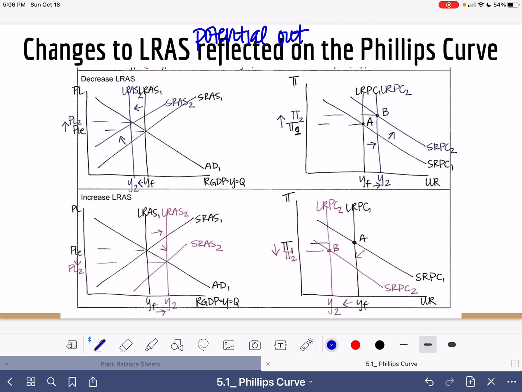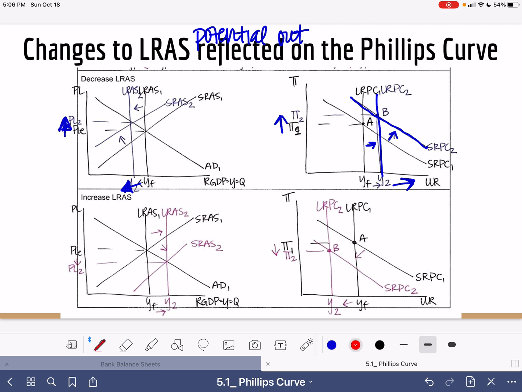And now when we reflect that on our Phillips curve, it's the inverse change. So the short-run Phillips curve is going to move to the right, and then the long-run Phillips curve is also going to move to the right, showing an increase in unemployment and an increase in inflation. Just like what we see on our market economy, an increase in unemployment and an increase in the price level.